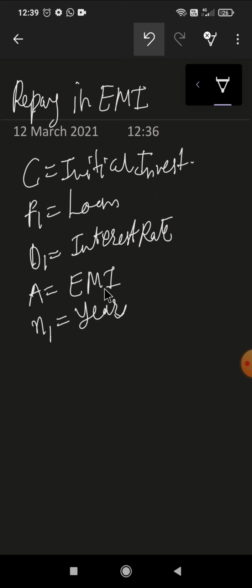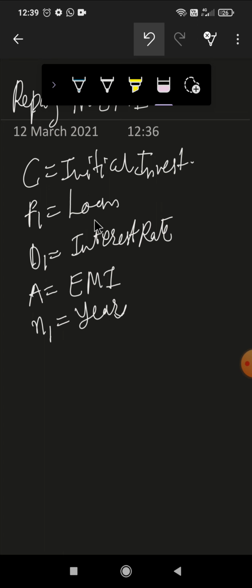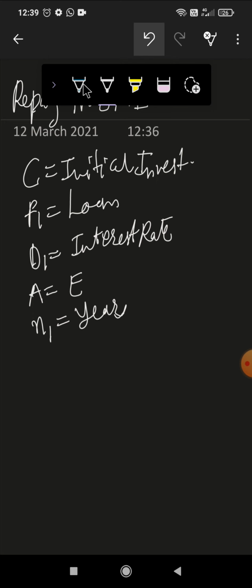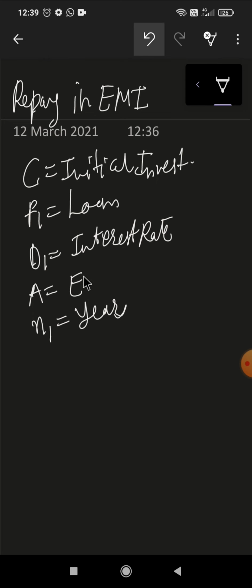Here this is an equated monthly installment, but we are considering it as a yearly installment, so we can write it as equated yearly installment.